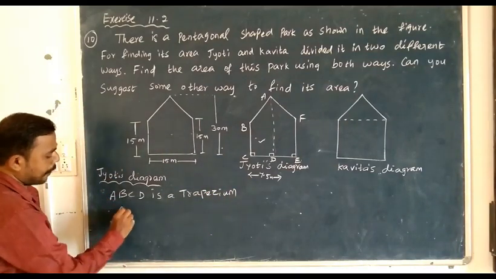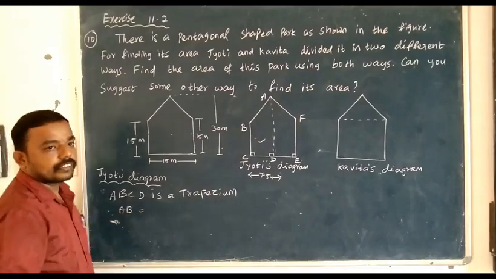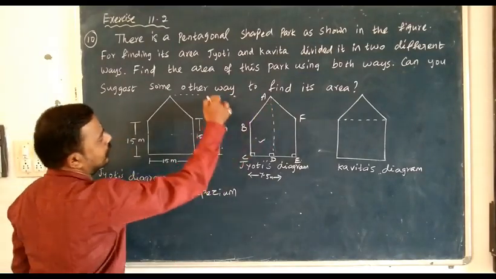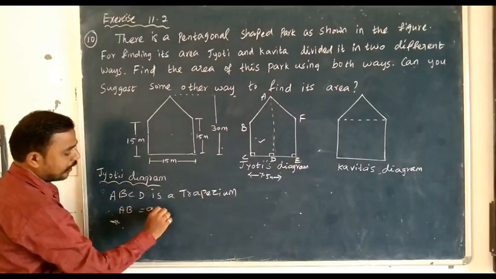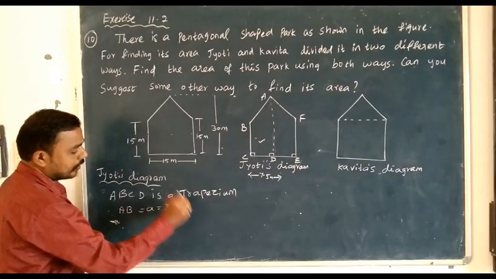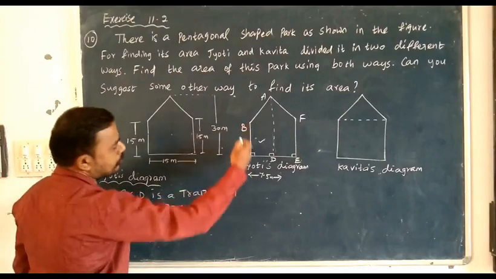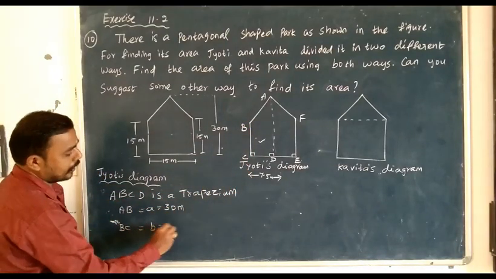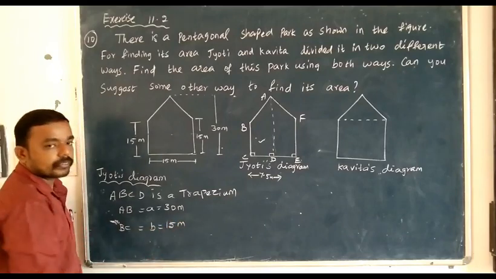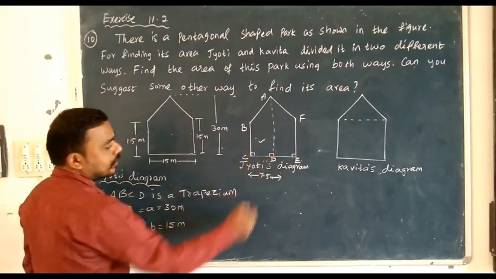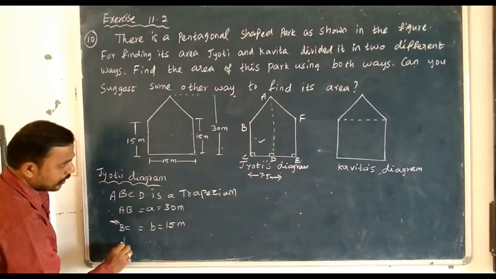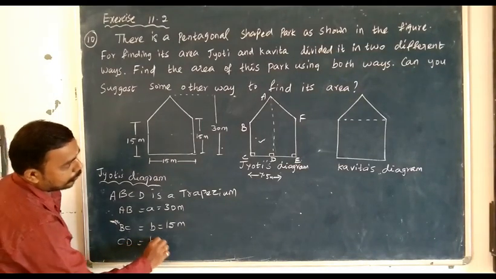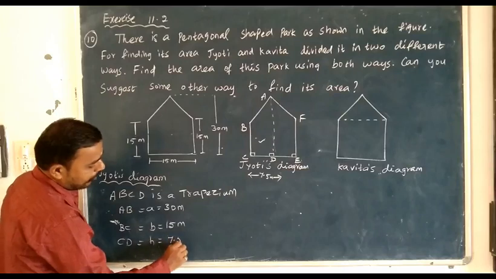So therefore AB equal to, I need lines A, B and H. So AB equal to this distance is 30 meter. That is A equal to 30 meter, and BC equal to B, I am going to consider 15 meter given, and this perpendicular distance between two parallel lines, CD equal to H, I am going to consider 7.5 meter.